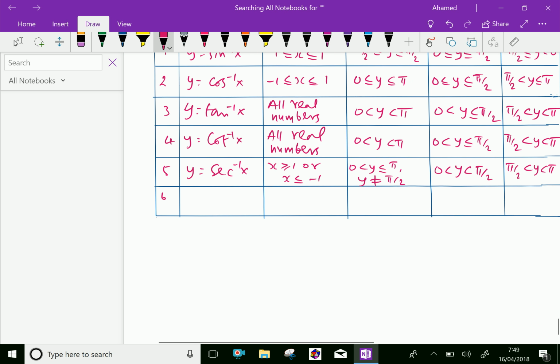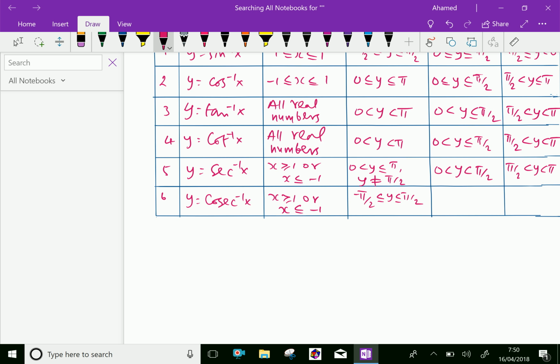Sixth one, y equal cosecant inverse x. Here x is greater or equal to 1 or x is lesser or equal to minus 1. Here minus pi by 2 is lesser or equal to y lesser or equal to pi by 2.